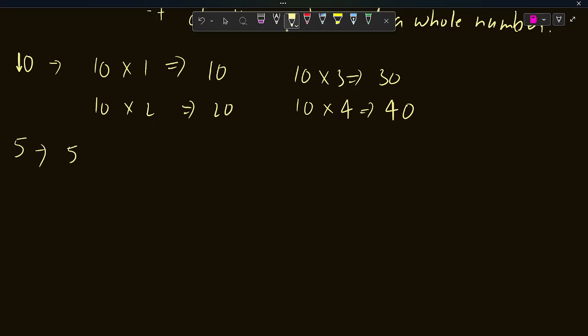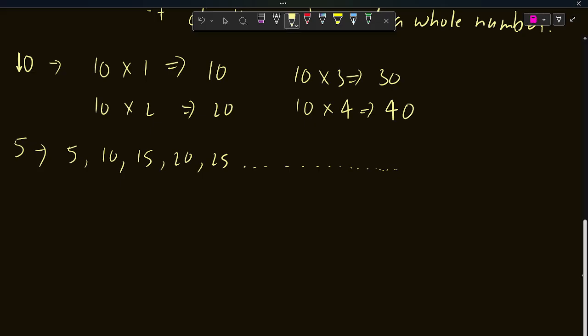So 5 itself is a multiple of 5, then 10, then 15, then 20, then 25, and so on. This series will not end. I can write infinite numbers of multiples of 5.